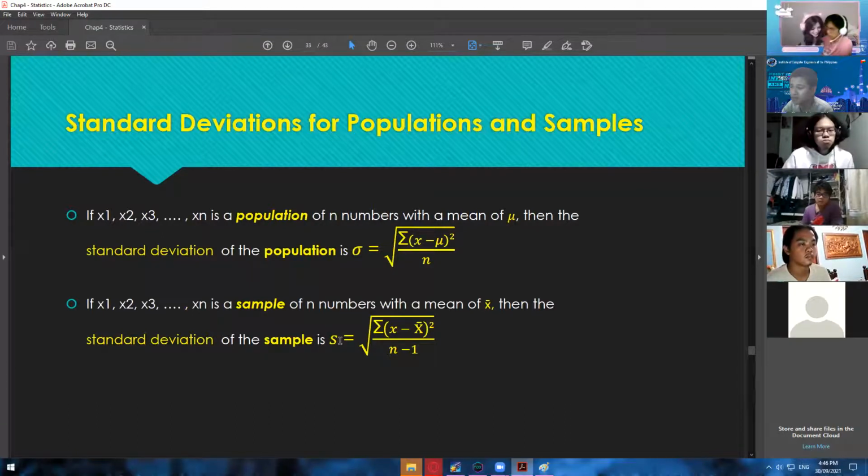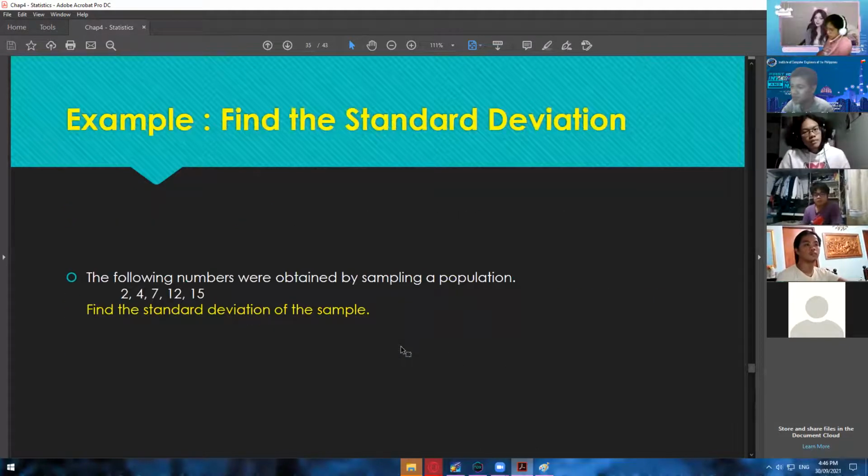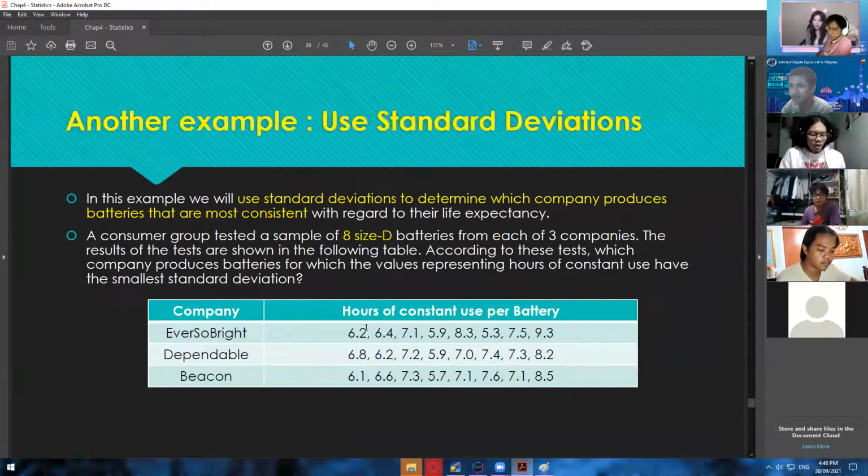So that's what I did before. But in here, you're free to use either of those two since they are the same, as long as I get the correct answer for the standard deviation. Regardless of your way of solving, it's okay.